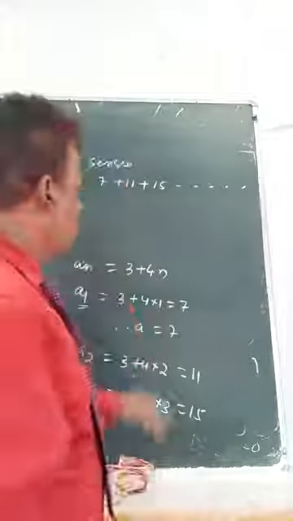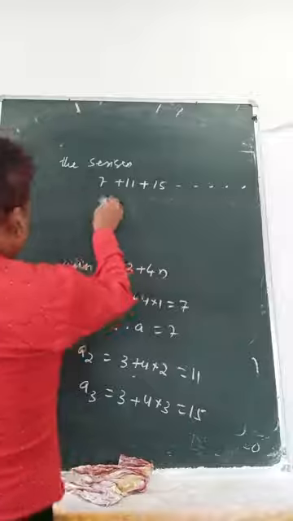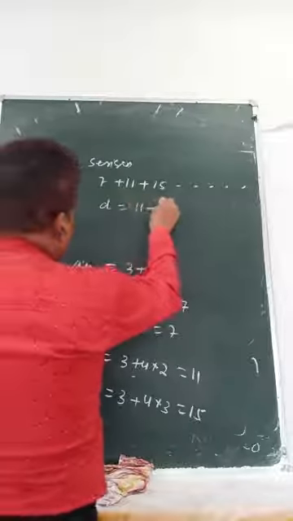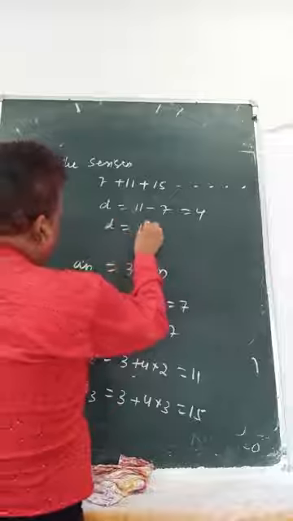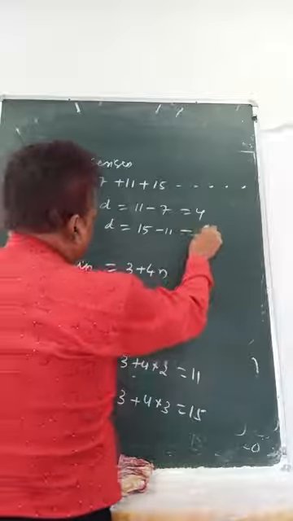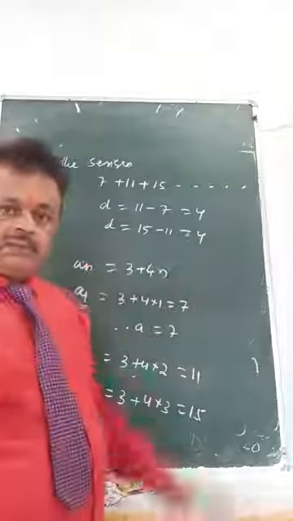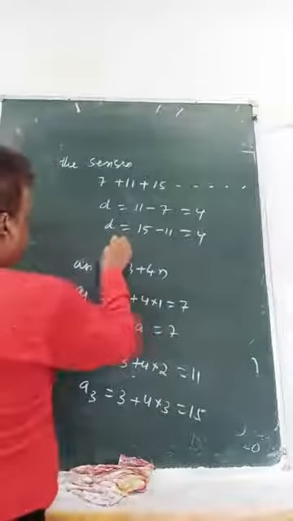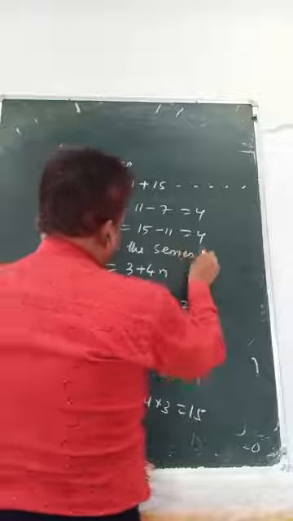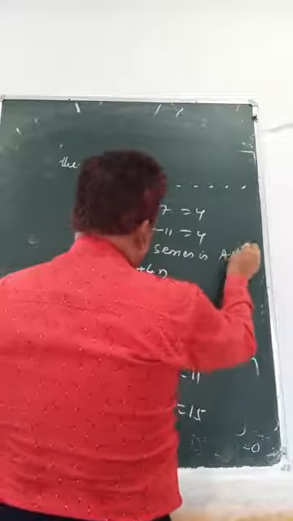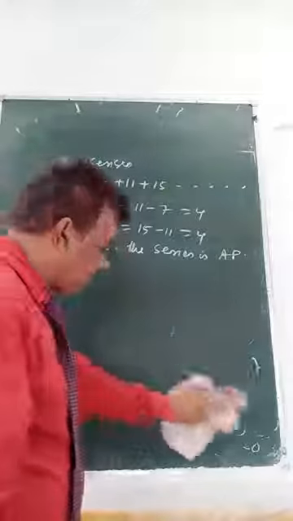To know it is an AP, you have to find the common difference d. 11 minus 7, that is 4. d equals 15 minus 11, that is also 4. This minus this should be equal to this minus this. So therefore the series is AP.